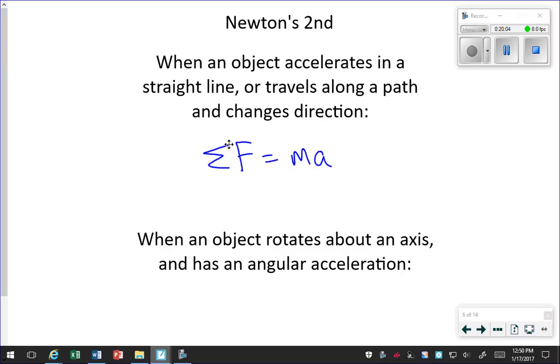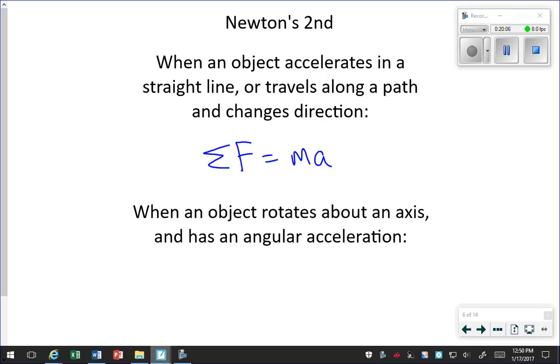When an object or a system rotates about an axis and has angular acceleration, then we say net torque is I alpha. One of the challenging parts is what's the appropriate expression for I. So it'll come in the form of the question. It'll say a sphere, hoop, disc, blah, right? Something like that.